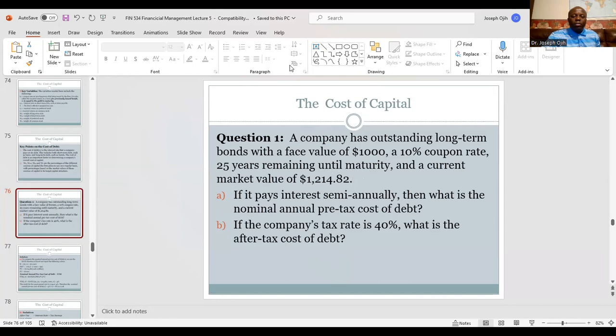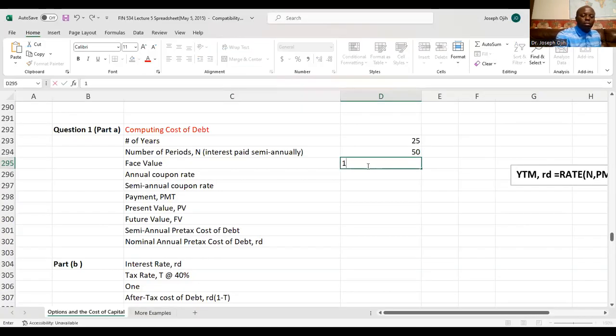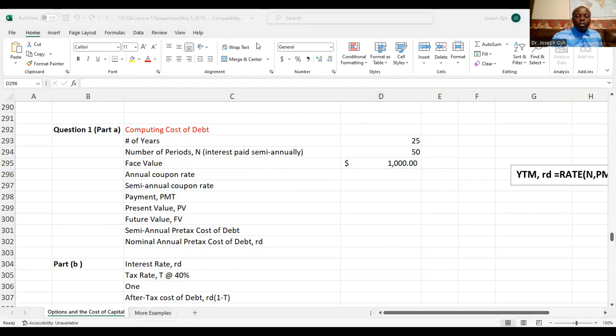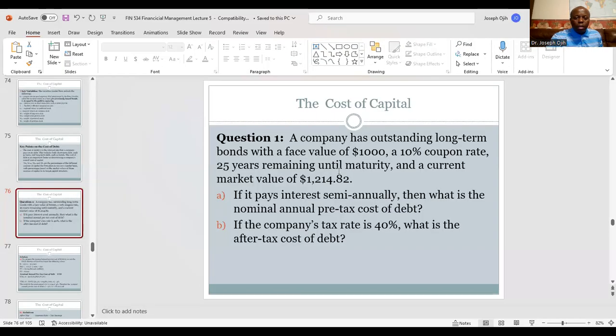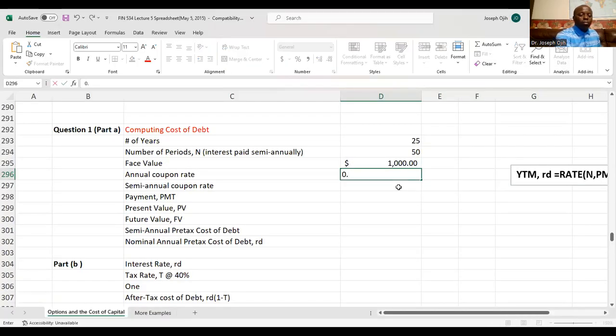So the face value is $1,000. Because this is a currency, I'm going to format it as currency. Now, the coupon rate, according to the question, is 10%. That is the annual coupon rate, which is 0.1.